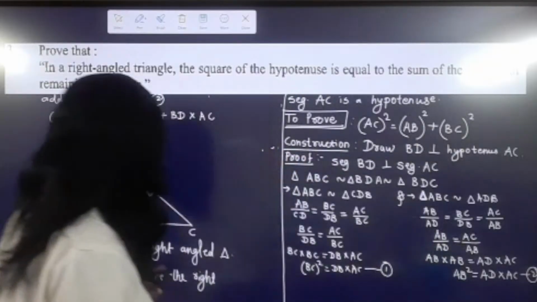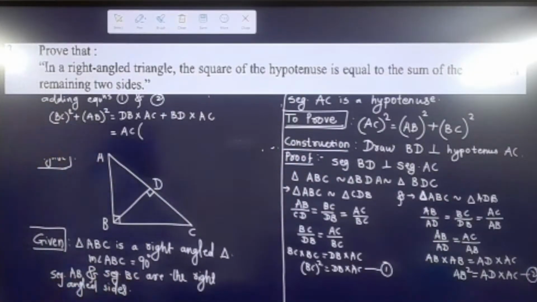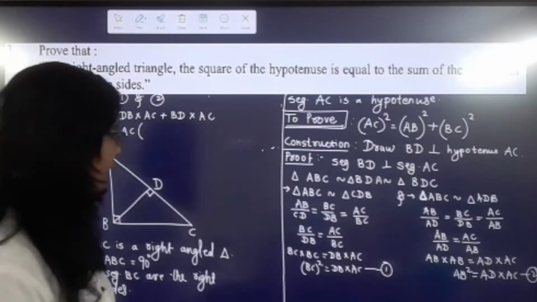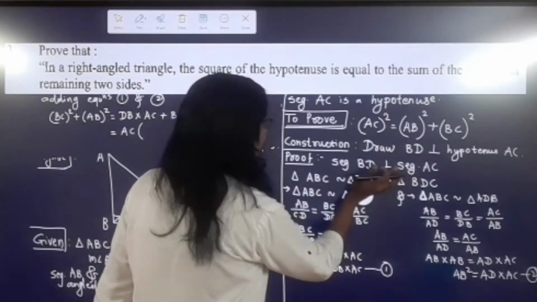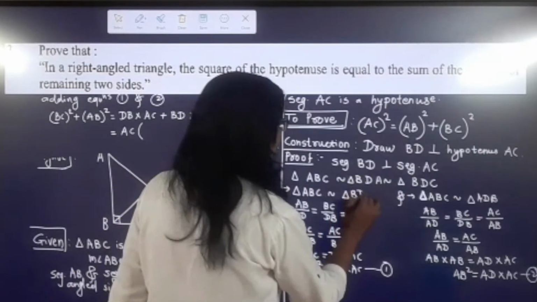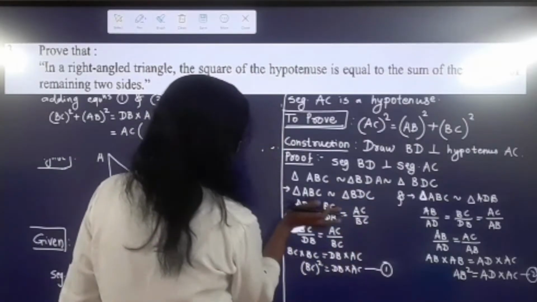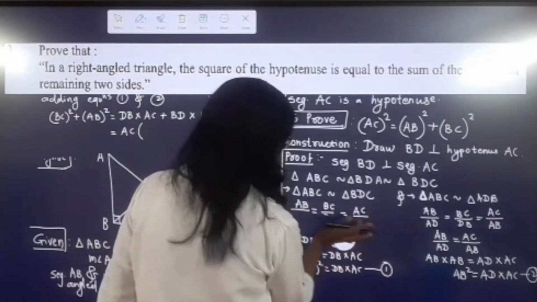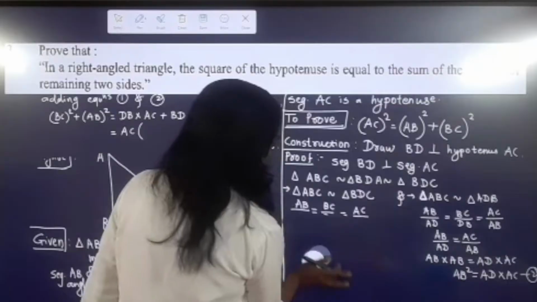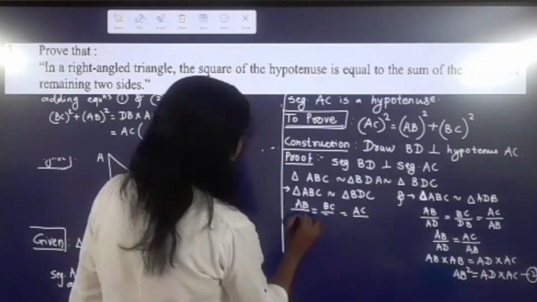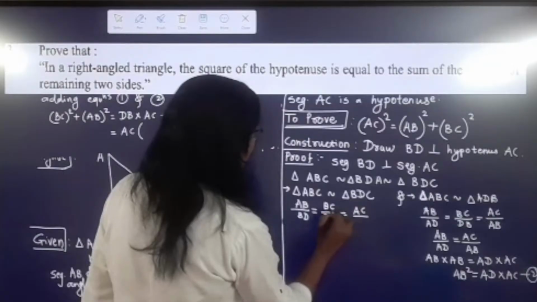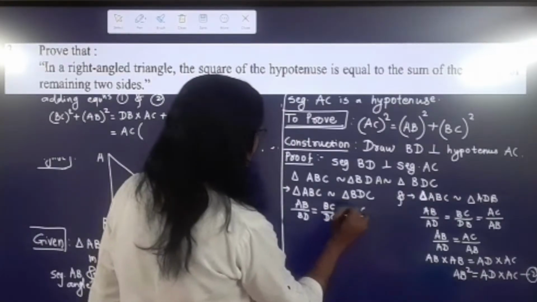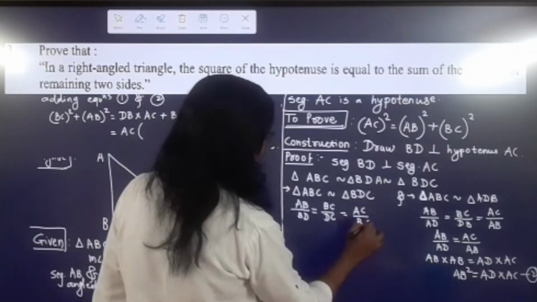And here also some mistake. I think there is some mistake that here ABC and BDC. ABC and BDC students. Okay, so here students AB upon BD is equal to BC upon DC is equal to AC upon BC.